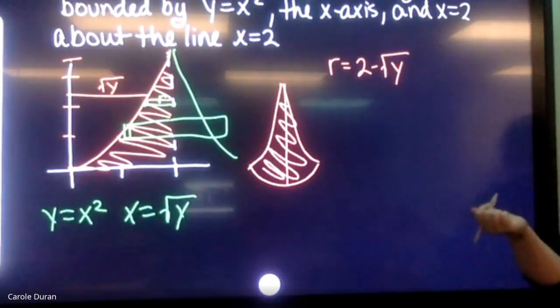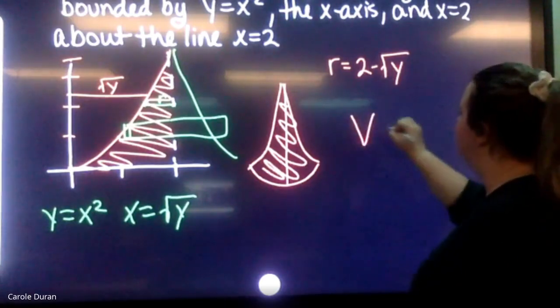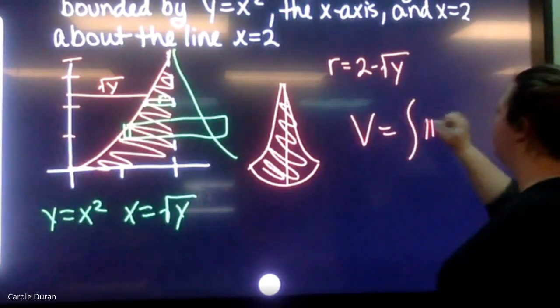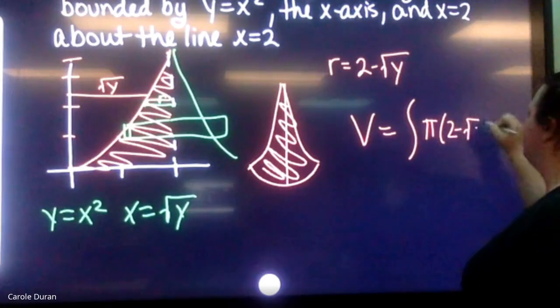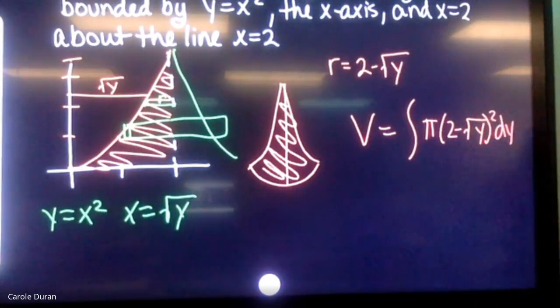So then we just go ahead and integrate. I have the integral of pi times 2 minus the square root of y, all squared, dy, right? What are my integral bounds?